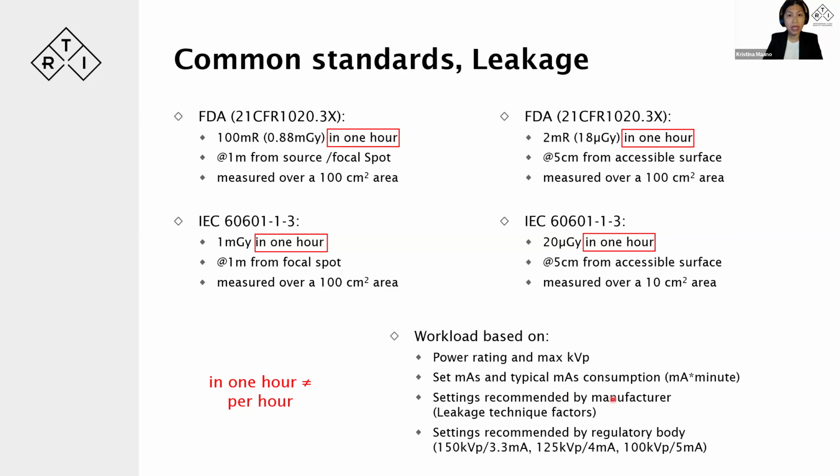And usually the settings is recommended by the manufacturer of the X-ray machine. However, if there's no recommendation from the manufacturer, you look into the requirements or the recommendations by your local regulatory body and use that when doing your tube leakage measurement and testing.